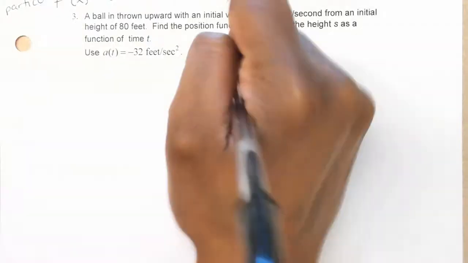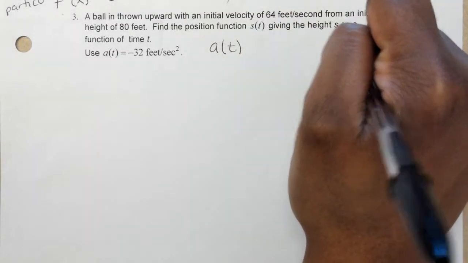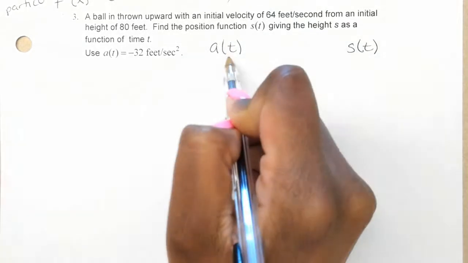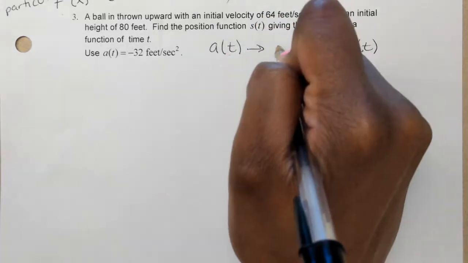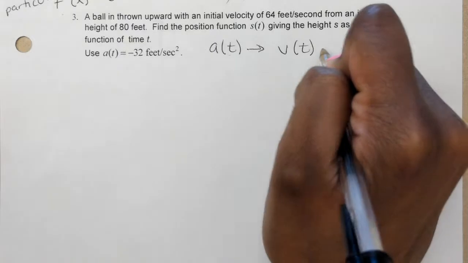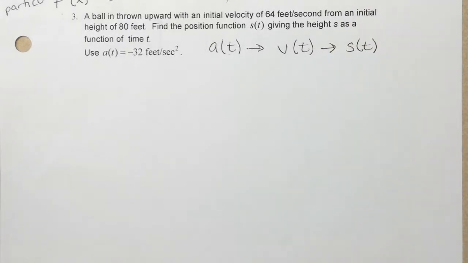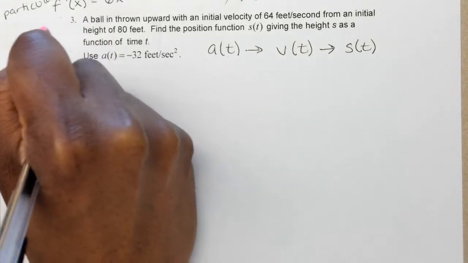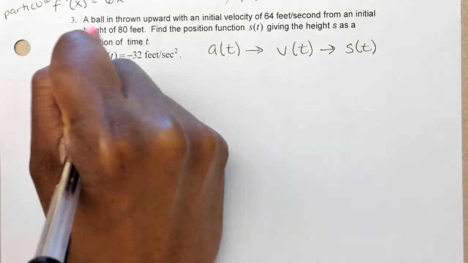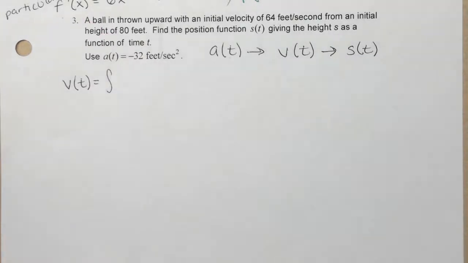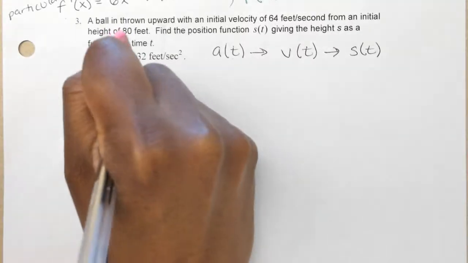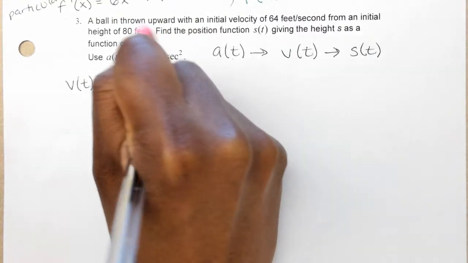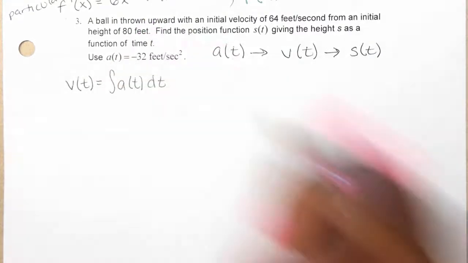So to get from a of t to s of t, so this is acceleration, we need to first find the velocity function, and then we can find the position function. So to find the velocity function, we need to integrate, or find the integral of a of t dt.